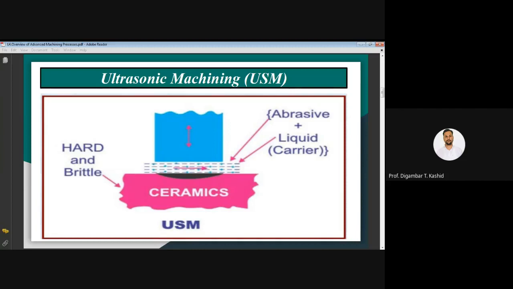Because of that, the topic is called overview, as per the syllabus also. At that time we are going to see the working principle, the different elements or the setup, in detail. Then its advantages, applications, and how the metal removal rate changes with respect to different process parameters.